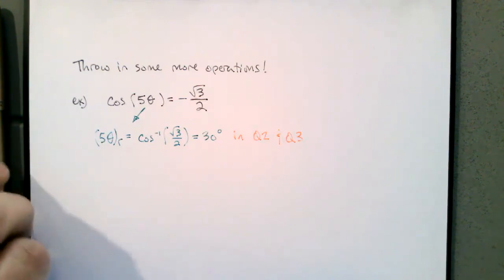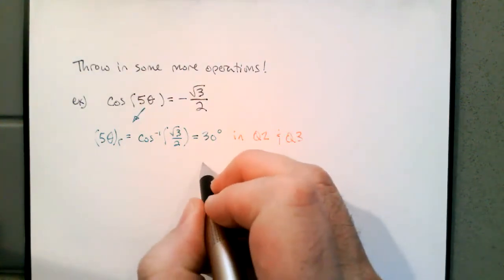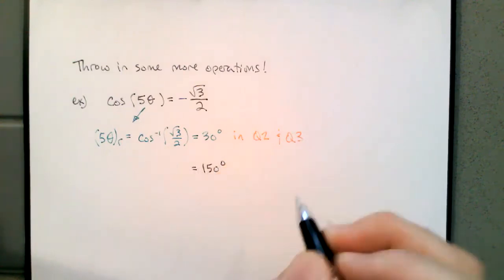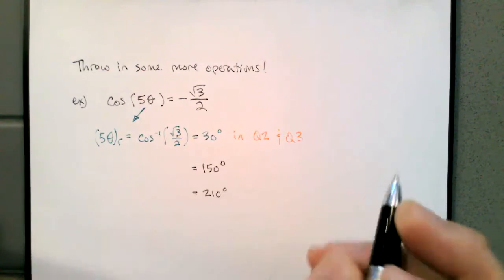So in quadrant 2, we were dealing with a 150-degree angle, or 210 degrees.